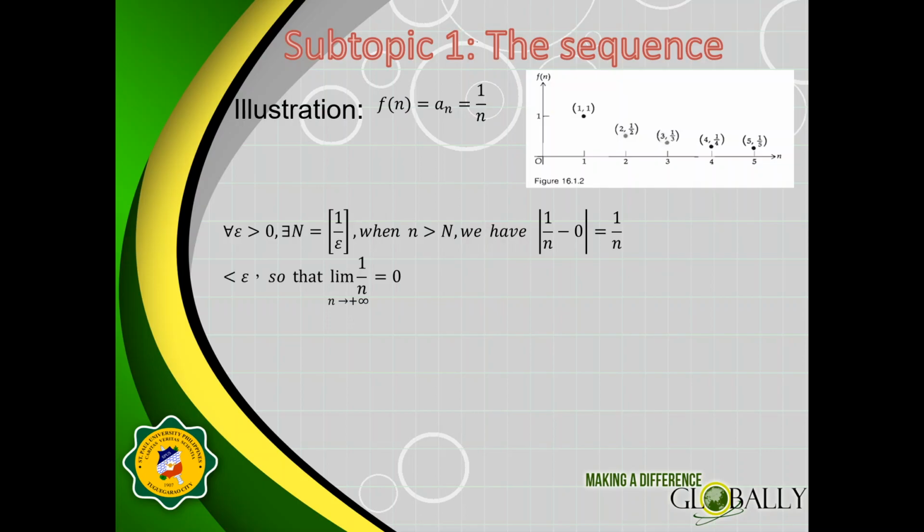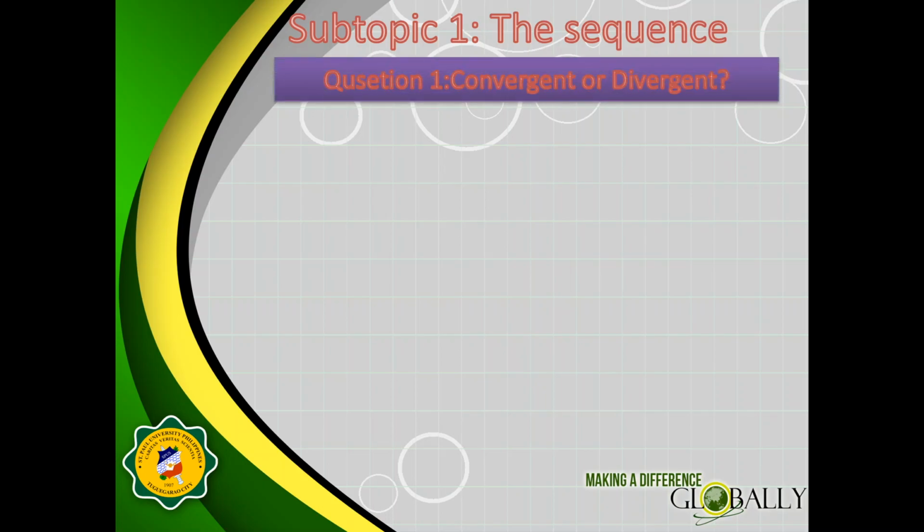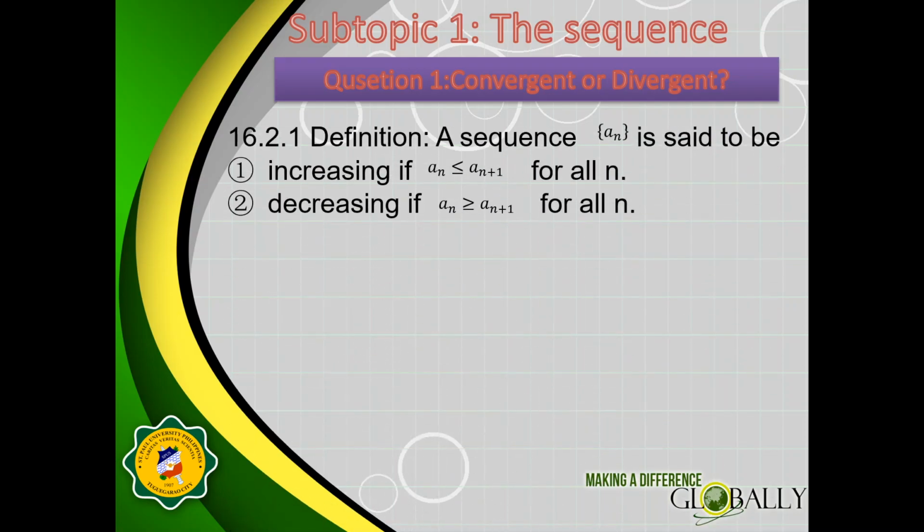But what if the expression of the sequence becomes more complicated? How do we know the limit? So we have to find some more principles to help us determine whether the sequence has a limit.